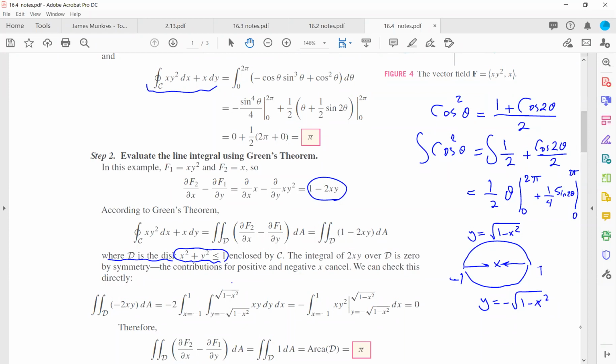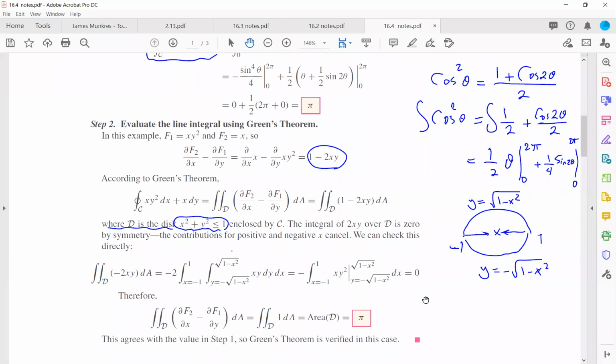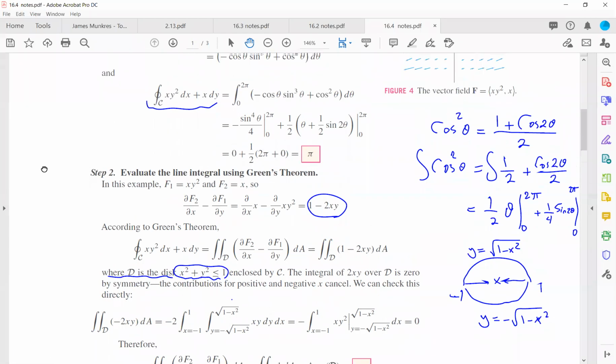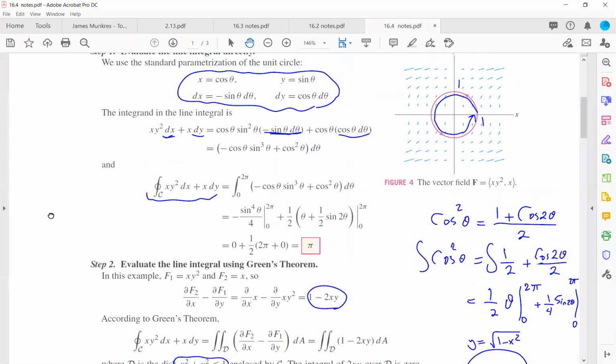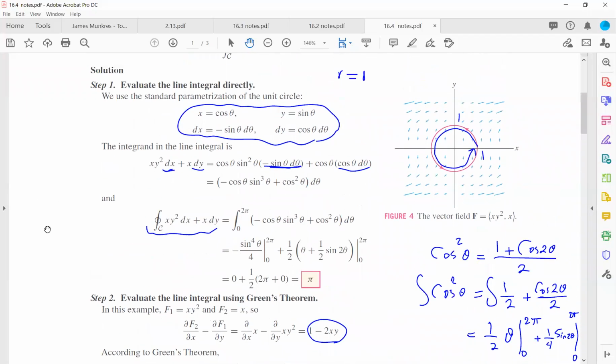Very well. We can take the integral. By taking the integral, the outcome is also pi. So it doesn't matter if you use Green's theorem or just use the line integral, the outcome is the same. Sometimes it's easier to use Green's theorem over taking the line integral directly.